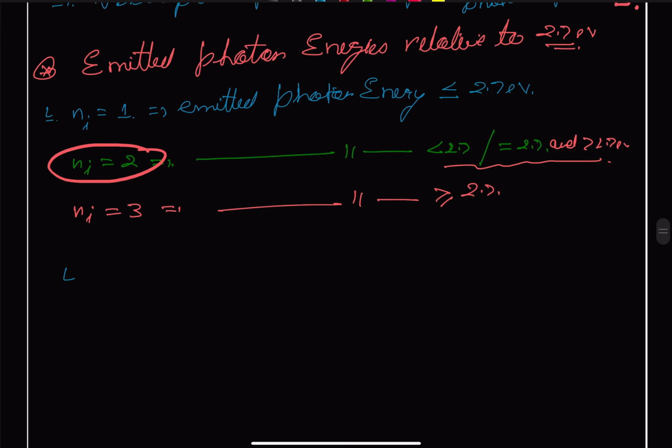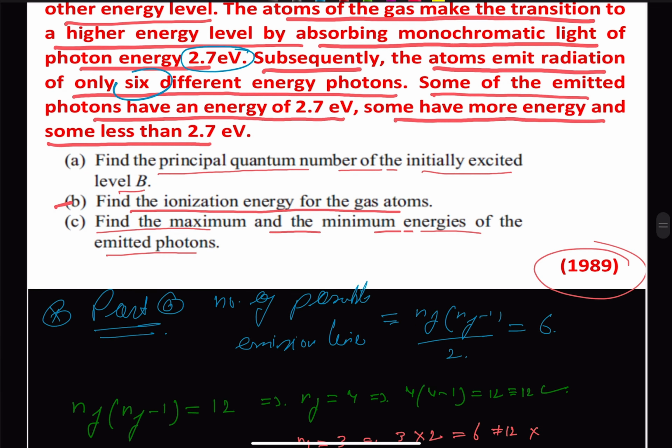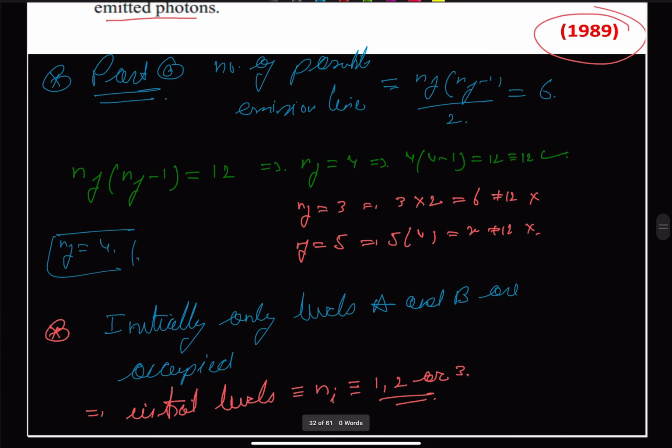Therefore, we can say that our Ni is equal to 2, because it is consistent with all the less than, equal to, or greater than 2.7, which is given in the question itself. Now we can easily find out the ionization energy of the gas.